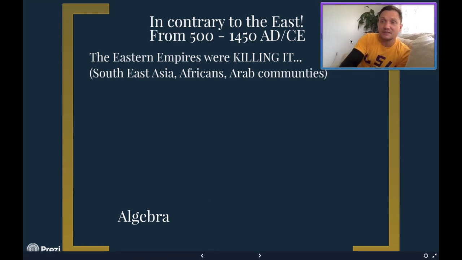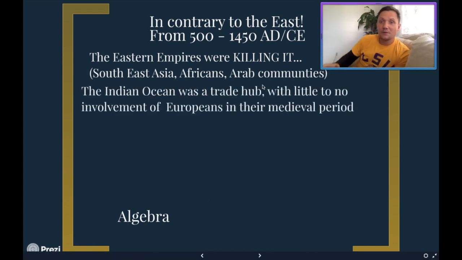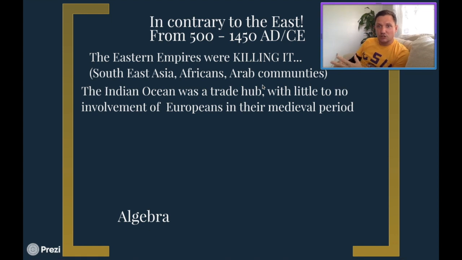Southeast Asia, Africans, and the Arabic communities, right? So the Indian Ocean was that trade hub, the coastal area shared by all these areas, right? The Indian Ocean right there below the Arabian Peninsula, out towards Southeast Asia, and the eastern coast of Africa were a massive hub, home to goods that the world today absolutely doesn't ever want to live without, all right?